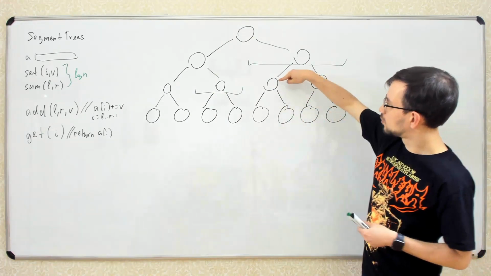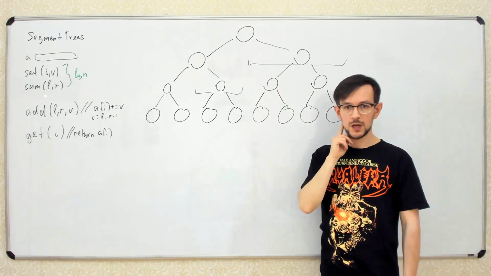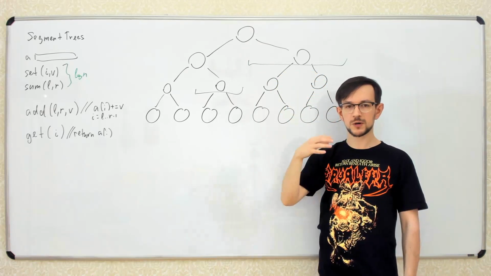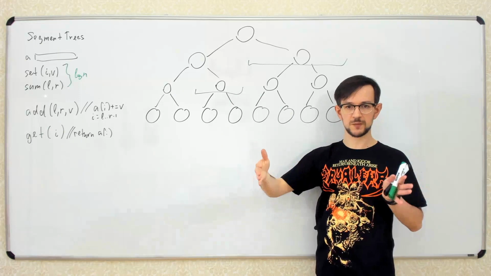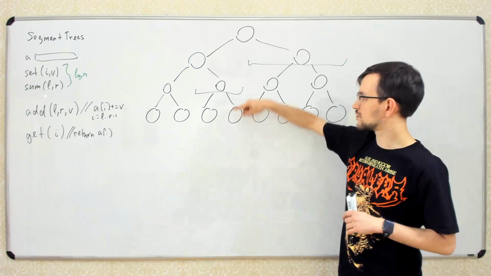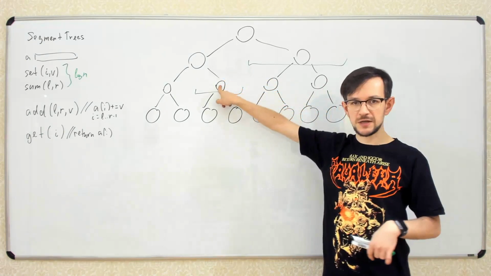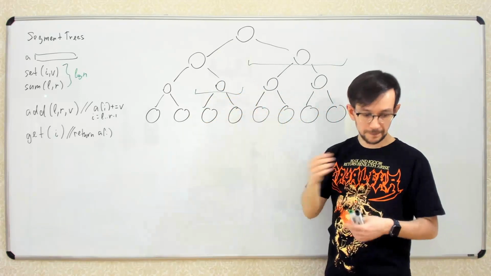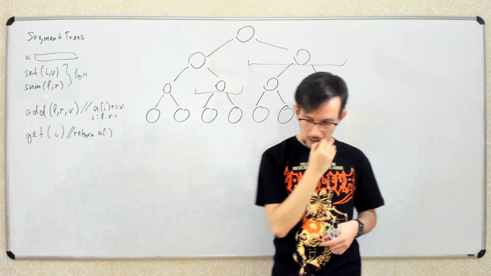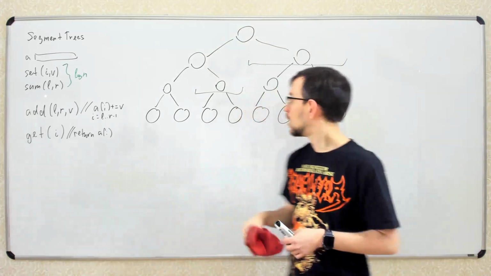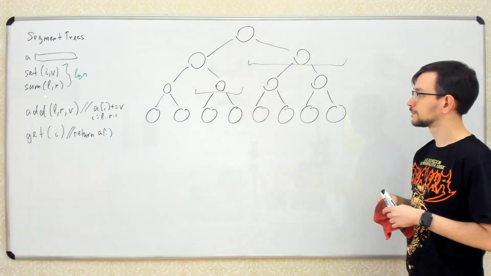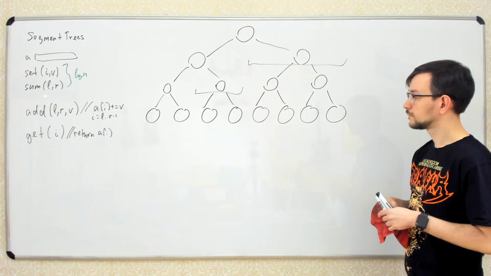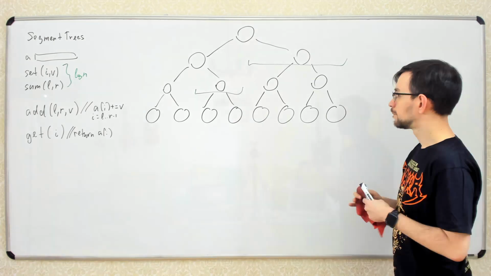And the numbers we will put in these nodes will correspond to the numbers which we should add to this segment. So if we have some number in this node, it means we should add this number to all elements of the segment corresponding to this node. That's all.